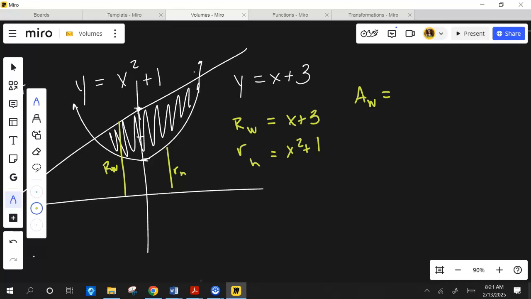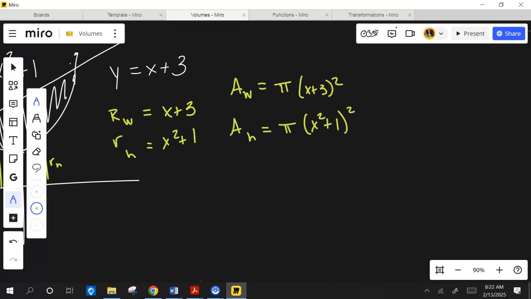Area of the entire thing, pi times r squared, so I just square this x plus 3. Area of the hole, x squared plus 1 squared.